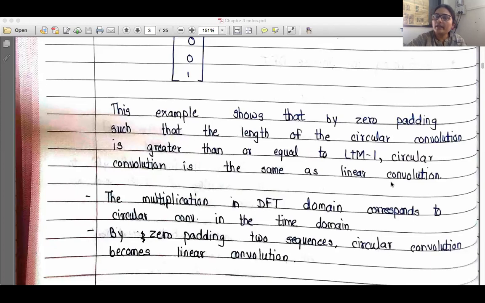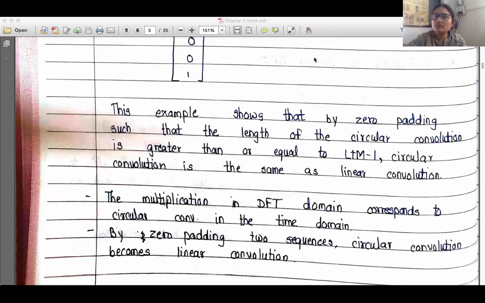So we can add zeros, or pad the zeros, at the end of the sequence. By doing this we can match the answers of linear convolution and circular convolution, and then we can use this in the linear filtering operation.